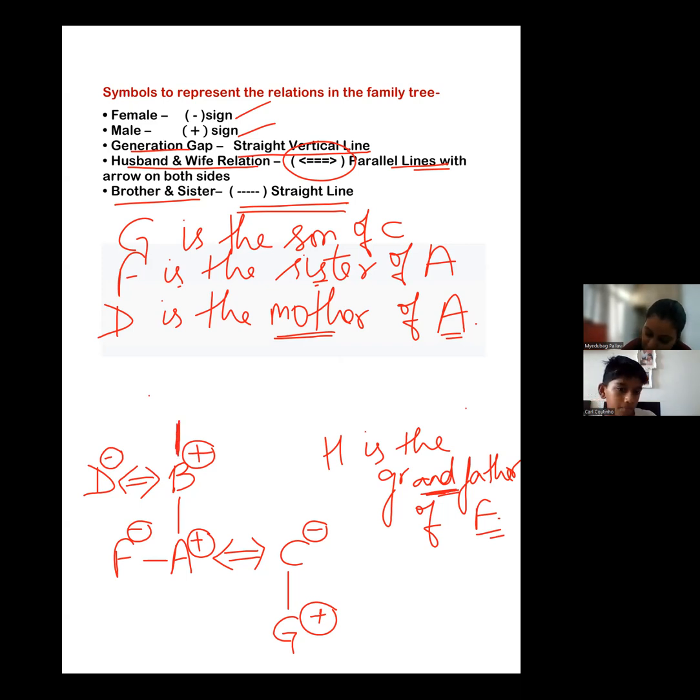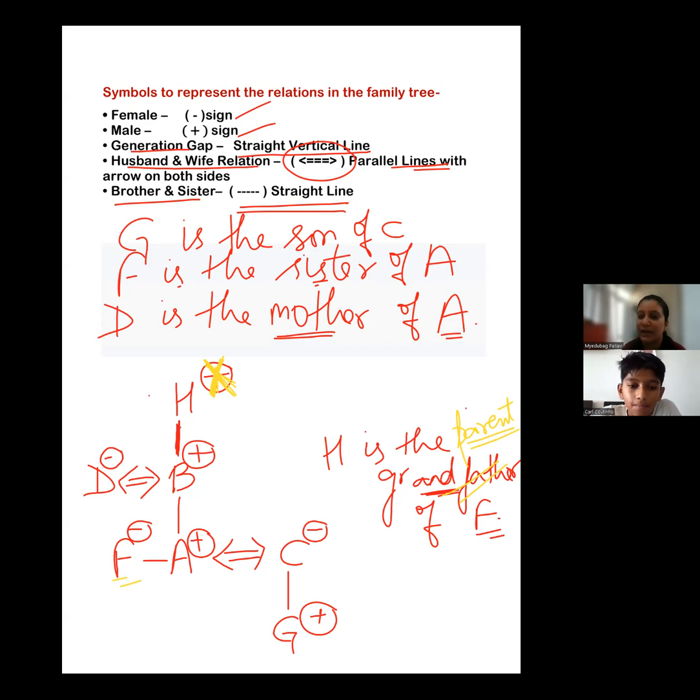F's father is B, so B's father we'll keep as H. And if it is only given that H is a grandparent of F, then we'll just not put the gender sign. So this is how we make a family tree, based on whatever information is given in the question. This is all about blood relations, nothing else.